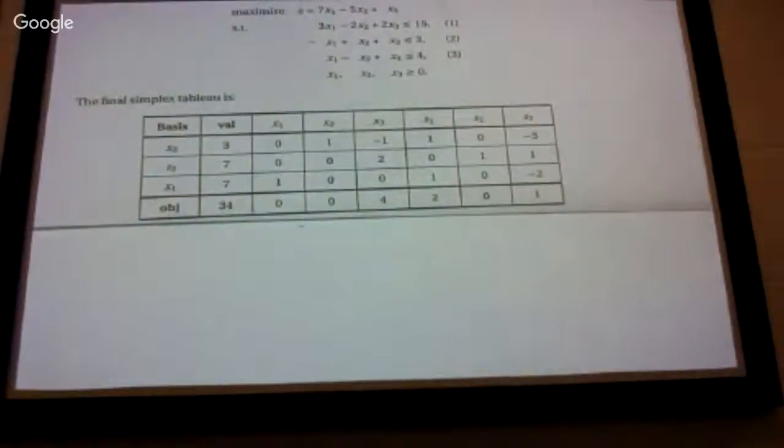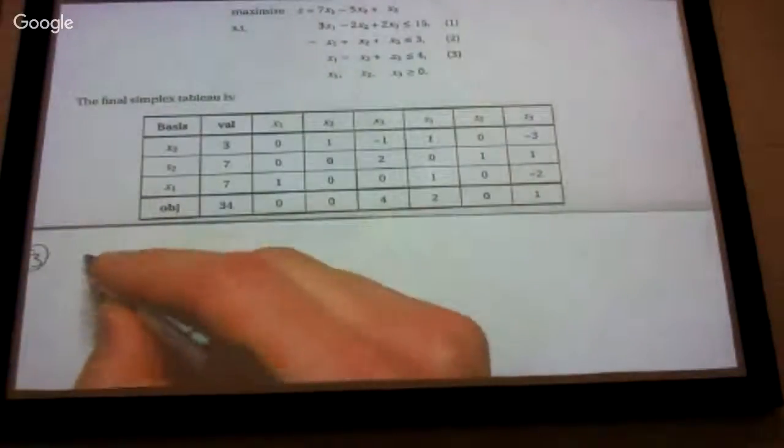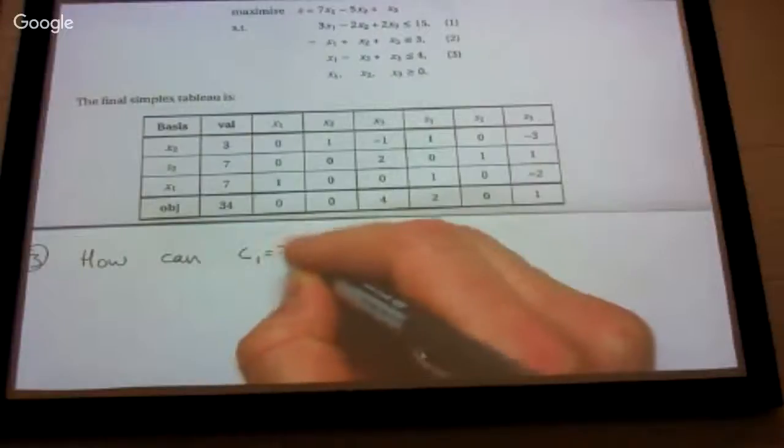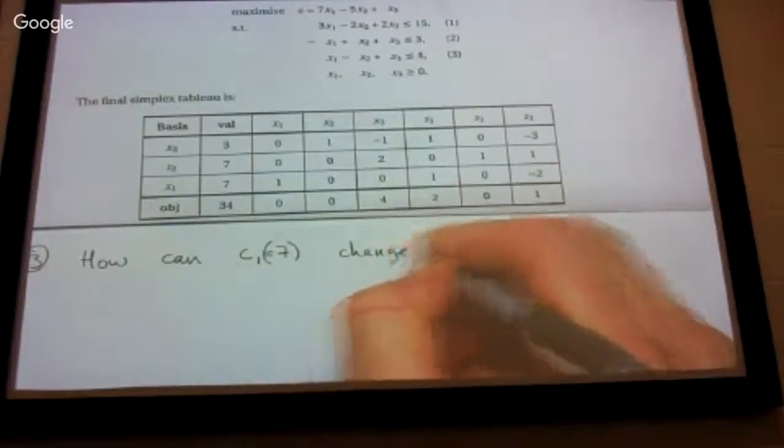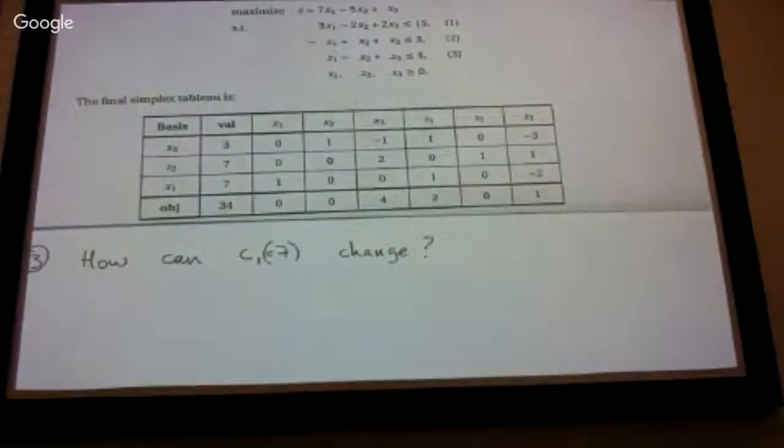Okay, so perhaps the third question would be, how can C1, which is currently 7, change?